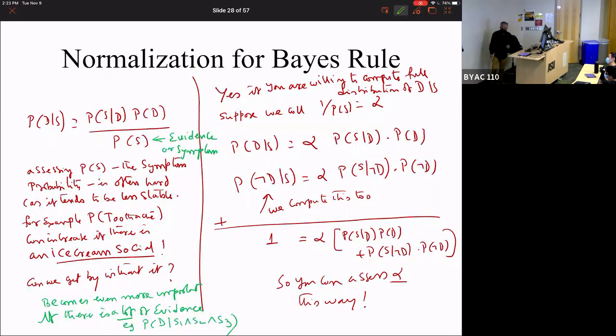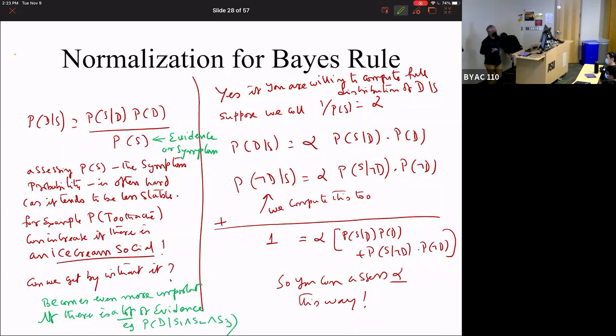The second thing, and this is an important thing to keep in mind, is that when we go forward and look at Bayes network inference methods, people do this thing called the normalization trick.